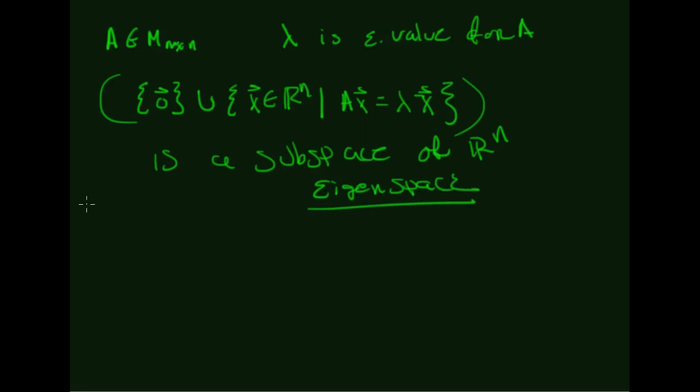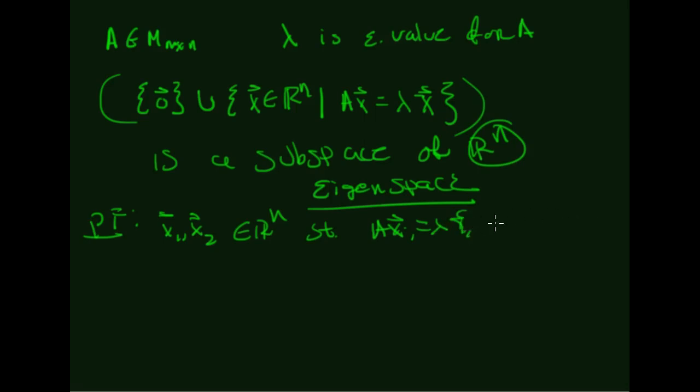Okay, so proving this is actually kind of simple because we know that Rn is a vector space. So what we have to do is take two vectors in Rn such that A times x1 is lambda x1 and A times x2 is equal to lambda x2, saying that they're eigenvectors that correspond to lambda. And we're going to let c, of course, be some real number. So what do I have to prove here?